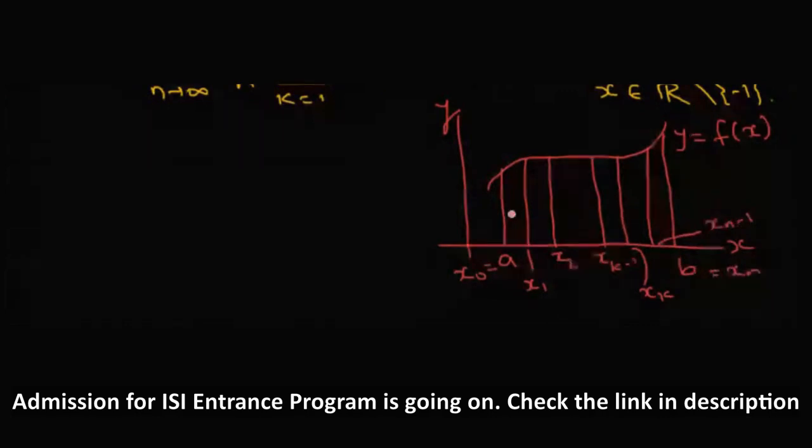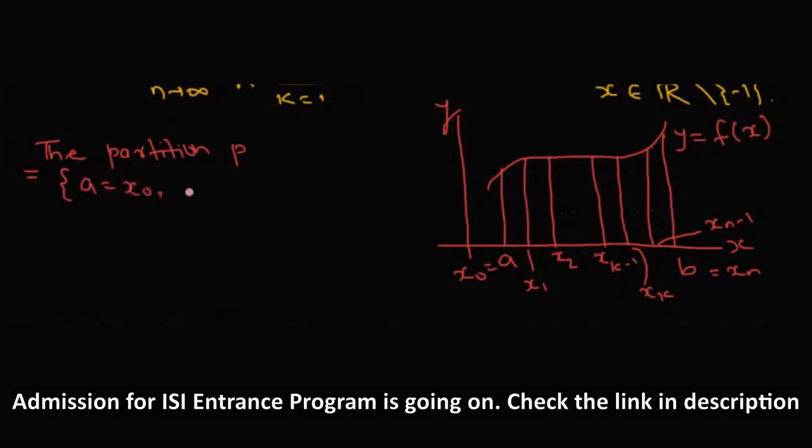So the Riemann sum, suppose the partition P is equal to x0, x1, ..., xk, ..., xn.